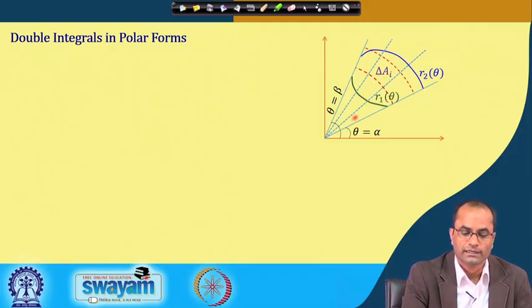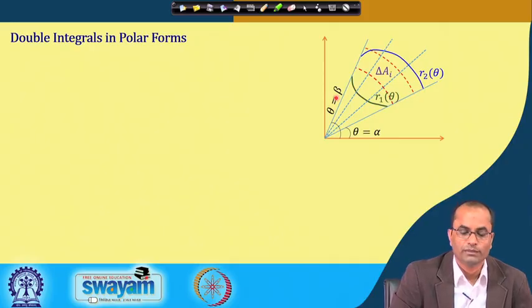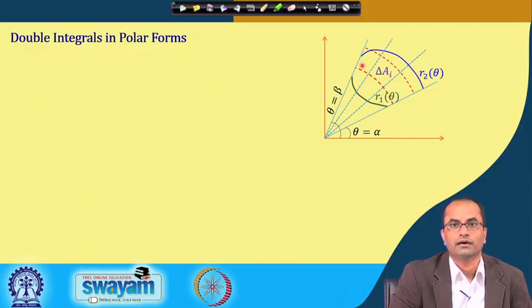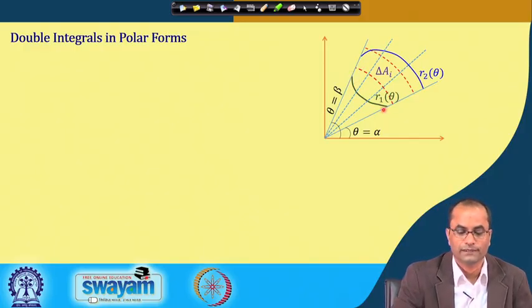For the angle, theta is going from this alpha angle, that is theta equal to alpha, to theta equal to beta. We can cover this domain easily with polar coordinates, but if we discretize in the Cartesian form, there will be many difficulties to cover this domain, because it has this curve which is described nicely by r 2 theta and here r 1 theta.